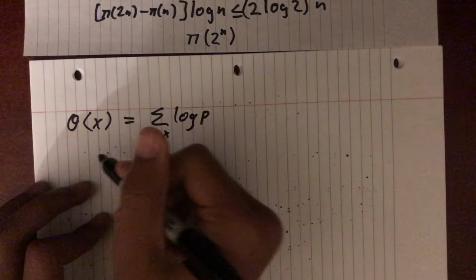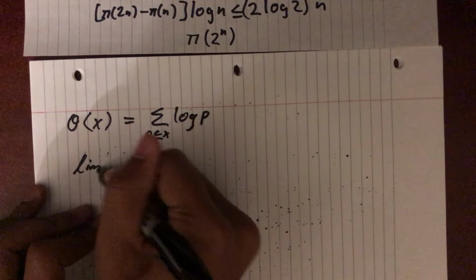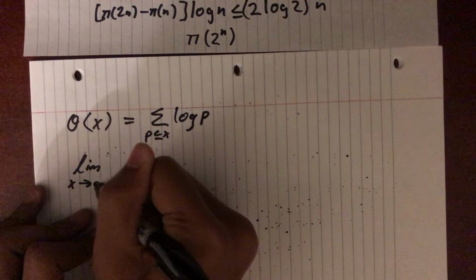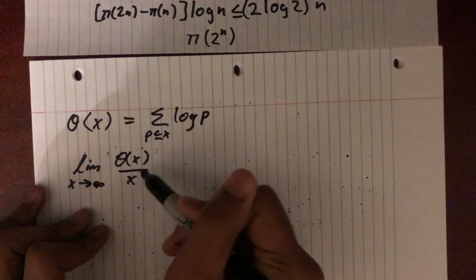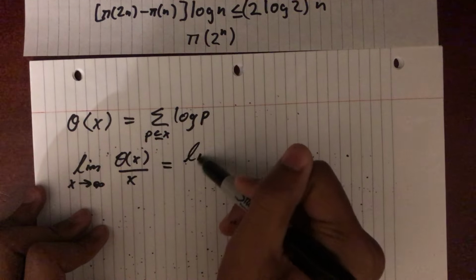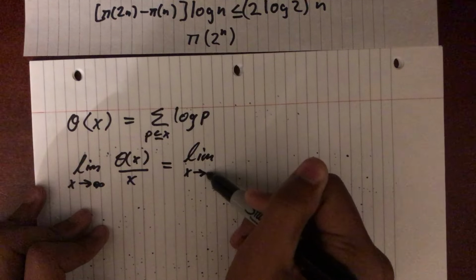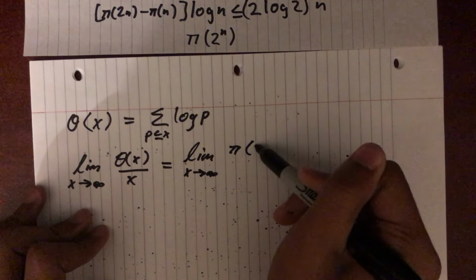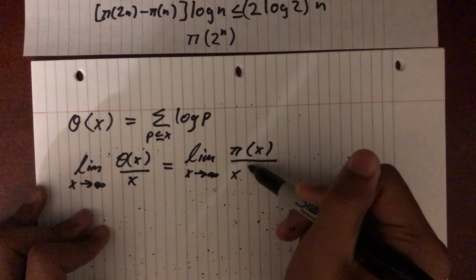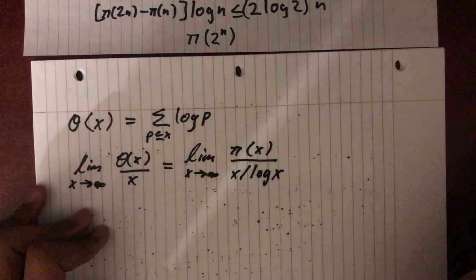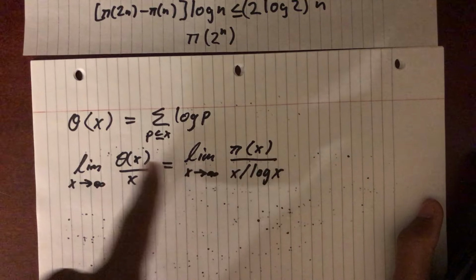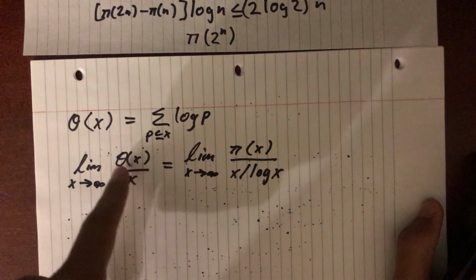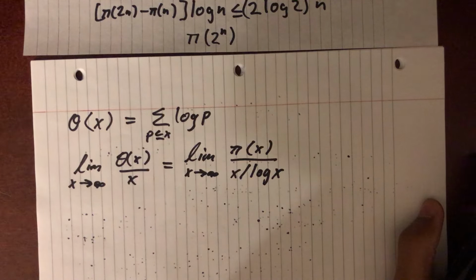And it can be shown that the limit as x approaches infinity of theta x over x equals the limit as x approaches infinity of pi of x over log x.